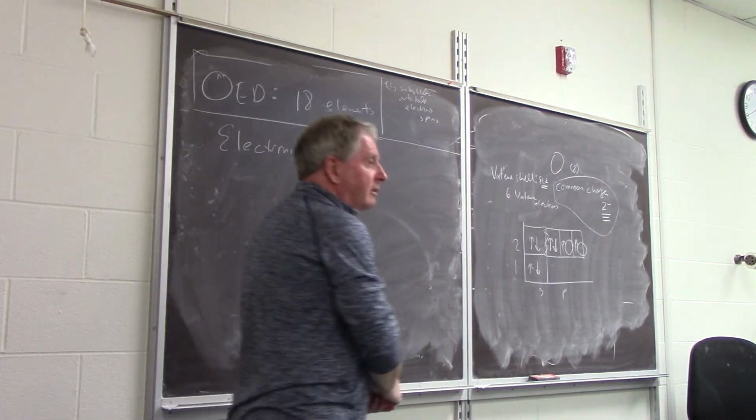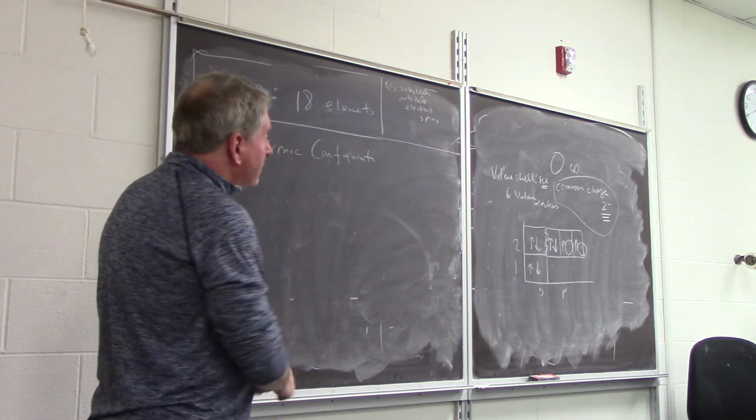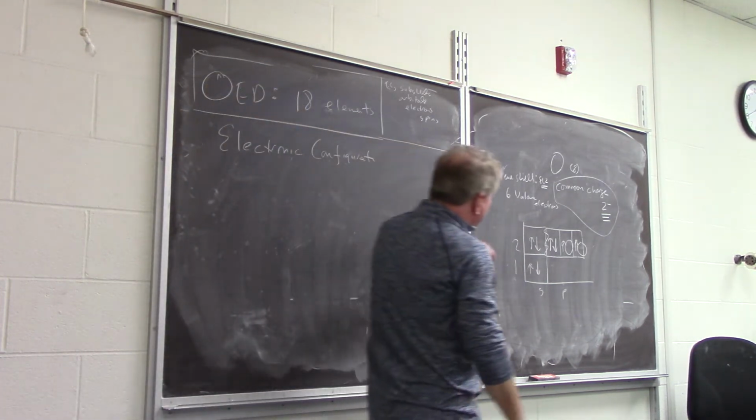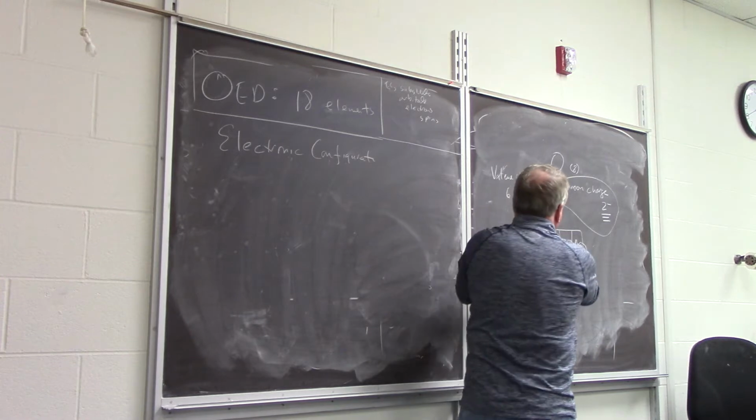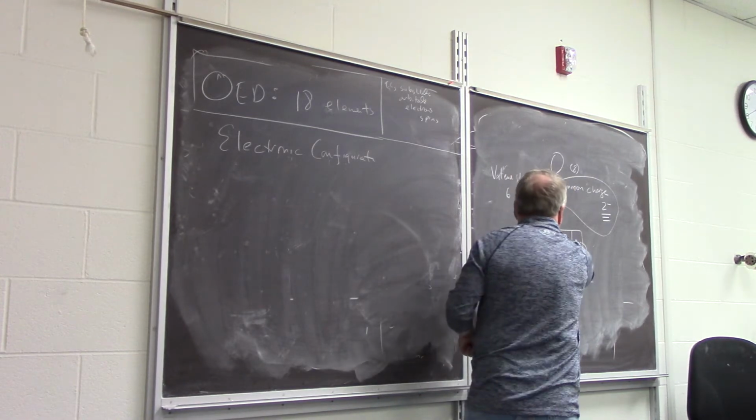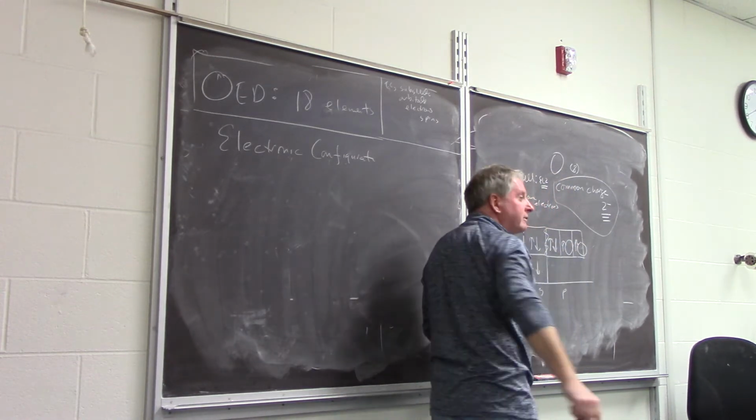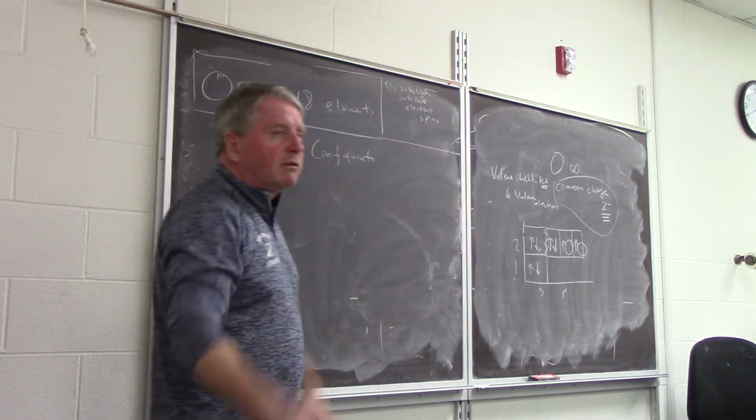It includes everything. So it has energy levels, subshells, orbitals, electrons, and spins. It has the whole gamut.